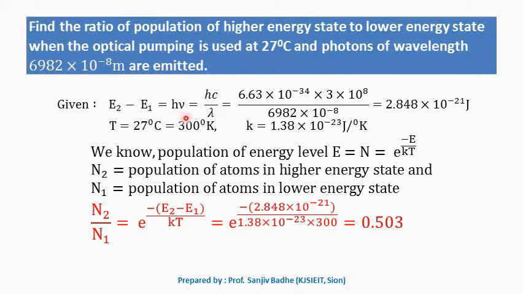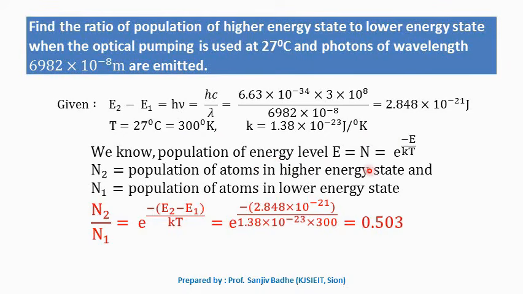E2 minus E1 is equal to h nu, which is hc by lambda. Wavelength is given, h we know, c we know. We can calculate E2 minus E1 as 2.848 into 10 to the power minus 21 joules. Temperature is given, and the Boltzmann constant we know. Temperature is again written in Kelvin because the Boltzmann constant is written per Kelvin.